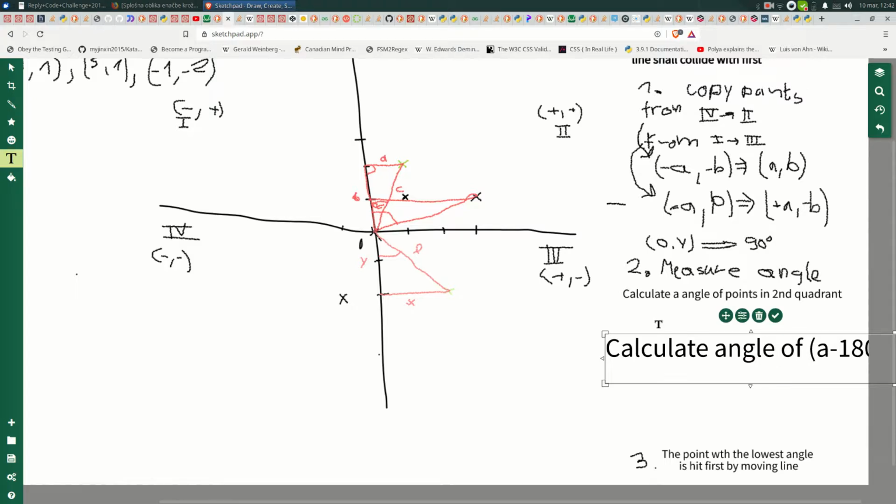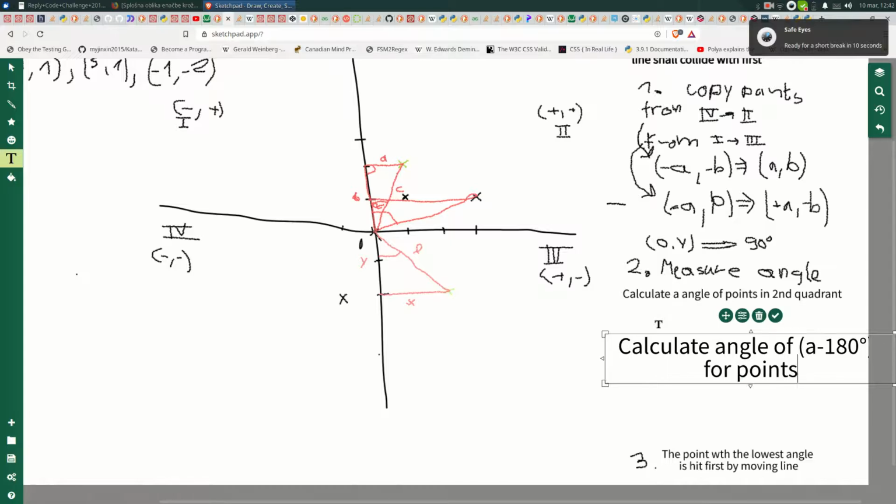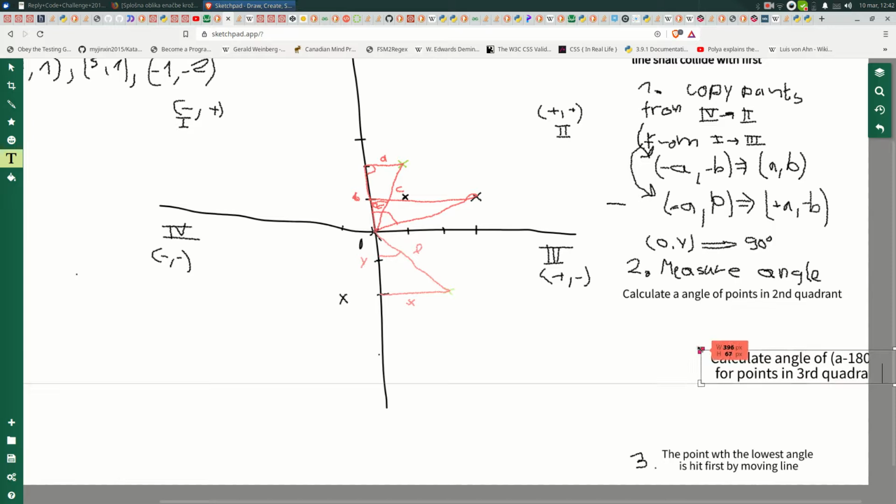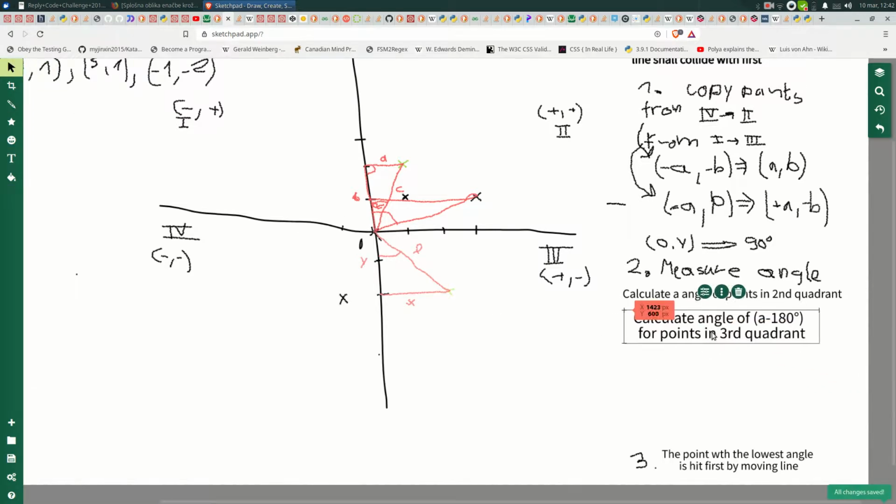Angle 180 degrees for points, oh shoot, for points in third quadrant. Alright, make that smaller, we move that over there, then we make a pause again. Yeah, I'm back. So yeah, we have now angles of all of them.